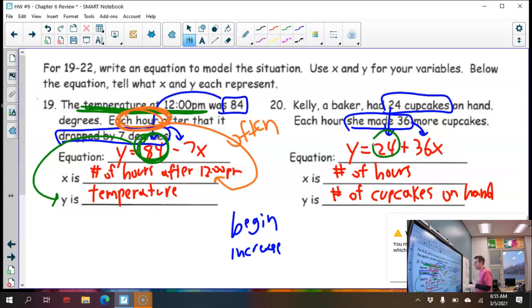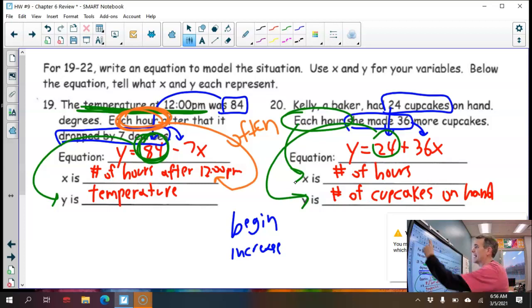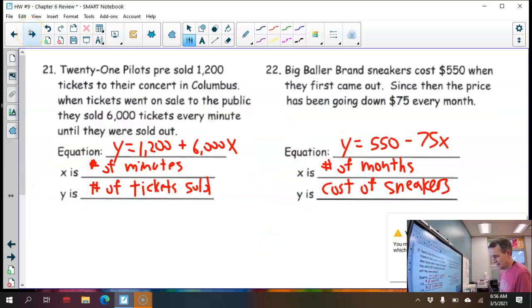It's the beginning amount of what? Well, it's the beginning amount of cupcakes. Y is the number of cupcakes. Oh, no, I'm running out of space. And x is the number of hours. It's how often the number of cupcakes is going up. X is always how often.